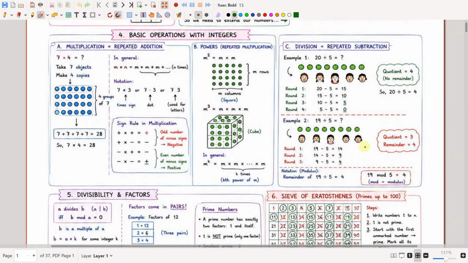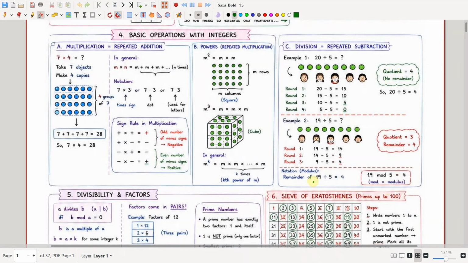So after identifying the quotient, if you found some answer other than 0 after this equal to, this will be our remainder. See here, we have done this round 4 times. So quotient is equal to 4, and since the value here is 0, there will be no remainder.